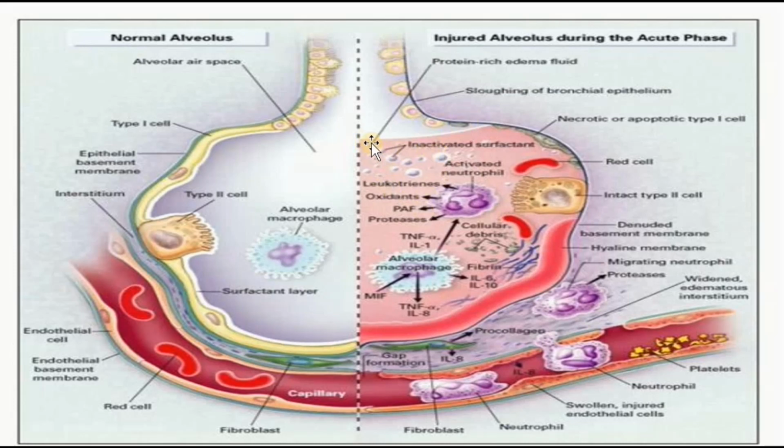The alveoli get filled with fluid. There is formation of hyaline membrane, meaning dead cells and protein accumulate in the alveolar wall and oxygen cannot diffuse into the blood vessels. In addition to that, there is no surfactant. Surfactant is not produced by the alveolar cells because of the damage, finally leading to alveolar collapse.